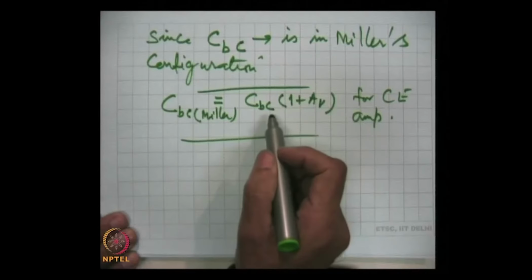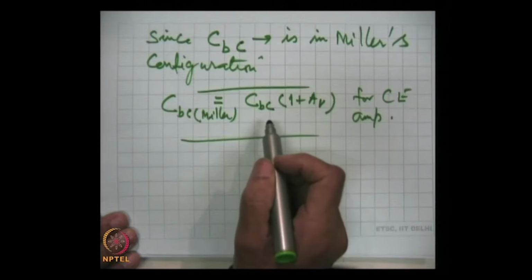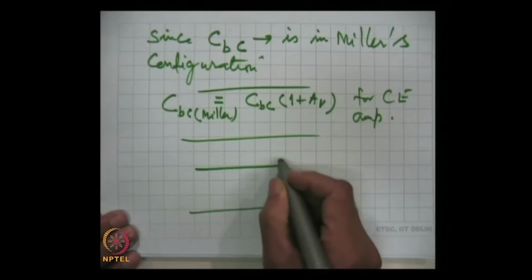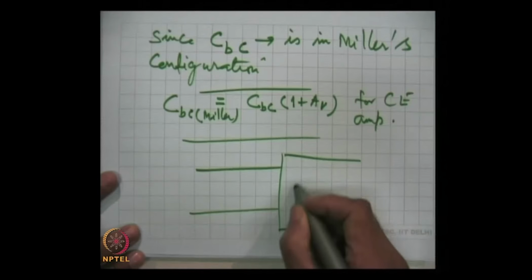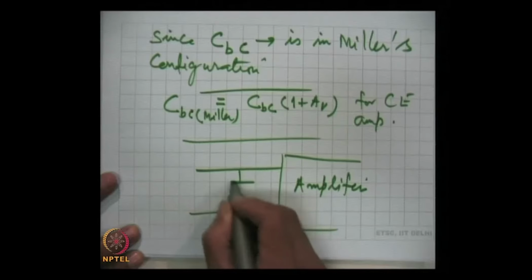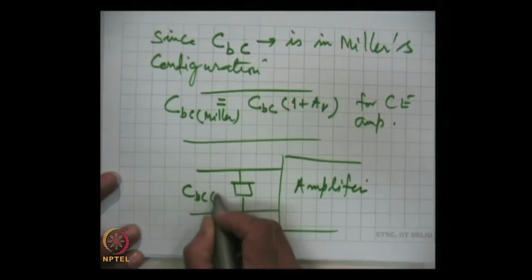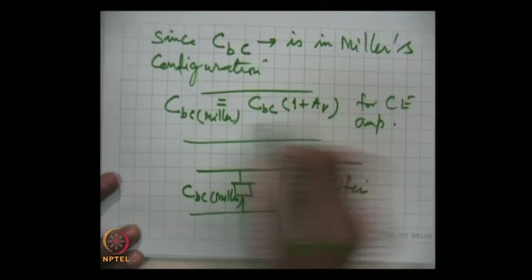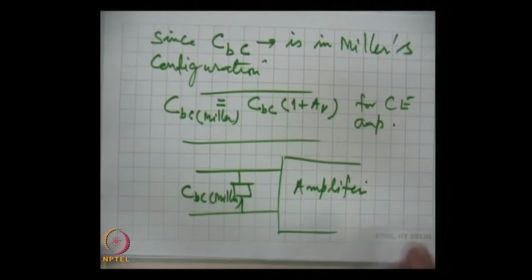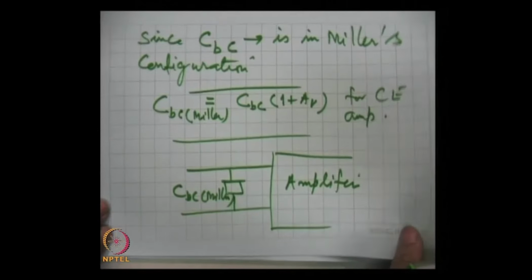And this is going to affect the high frequency performance of the circuit. You remember that this comes in shunt form, this is the amplifier, then this is this capacitance CBC Miller, very high value because of the product of CBC with AV.